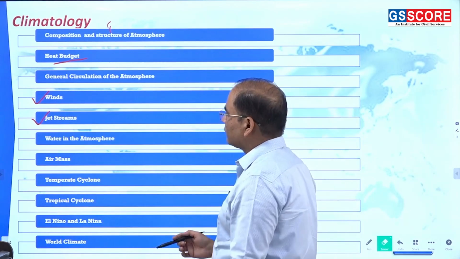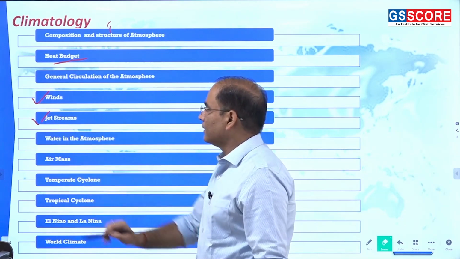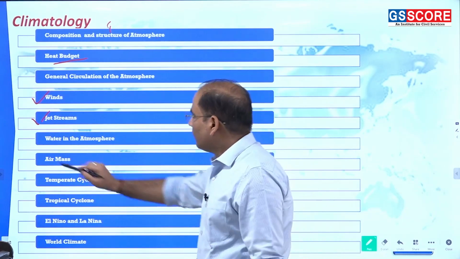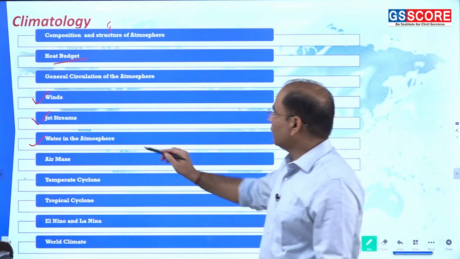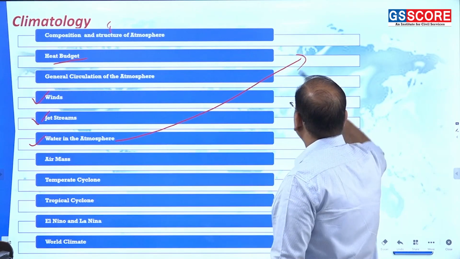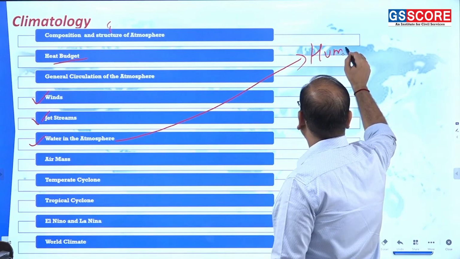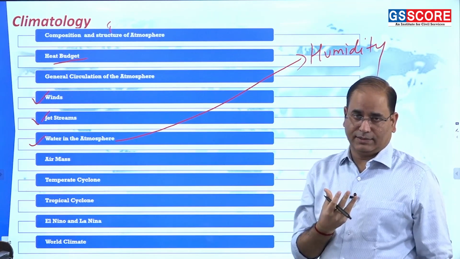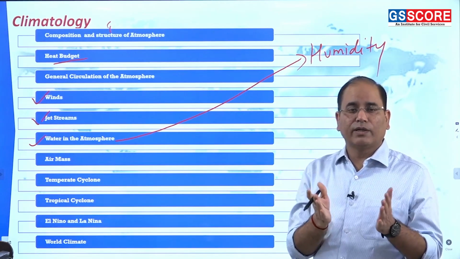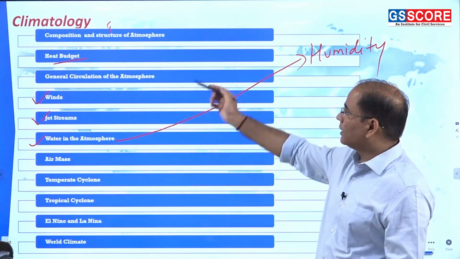Then moving to the next topic, that is the water in the atmosphere. Water in the atmosphere primarily deals with the rainfall. So here you are supposed to study some topics like humidity. Humidity is the moisture. Moisture, or atmospheric vapor, is also one of the components of the atmosphere.